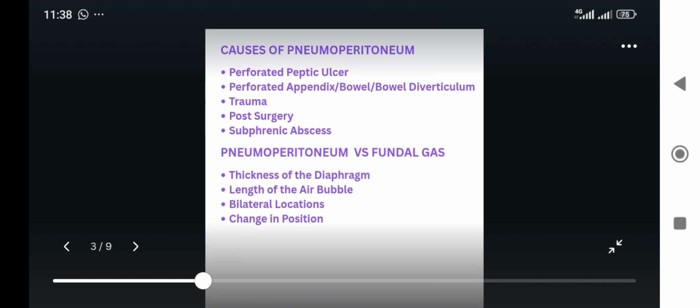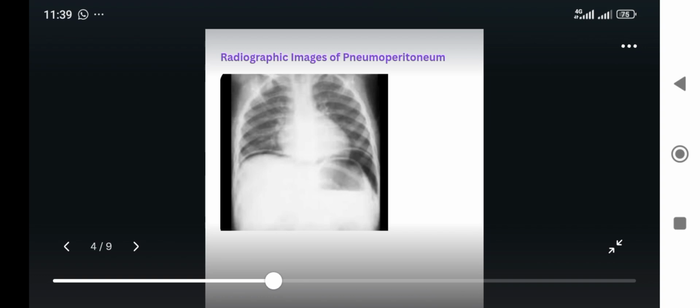We can do lateral decubitus, left lateral decubitus, so that the air can rise to the right side. Then we can equally do a dorsal decubitus. The air will still rise. So this can help us to differentiate between fundal gas and pneumoperitoneum.